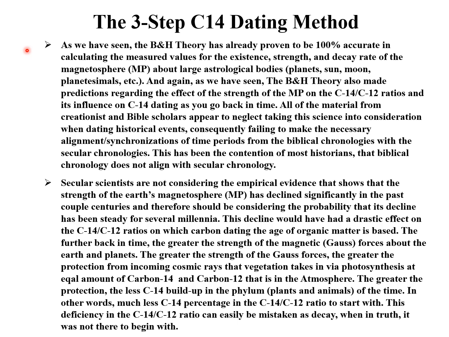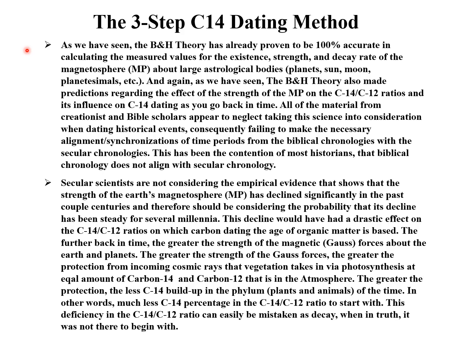All of the material from creationists and Bible scholars appears to neglect taking this science into consideration when dating historical events, consequently failing to make the necessary alignment and synchronization of time periods for the biblical chronologies with the secular chronologies. This has been the contention of most historians, that biblical chronology does not align with secular chronologies. And this is the reason for it, according to the B&H theory.